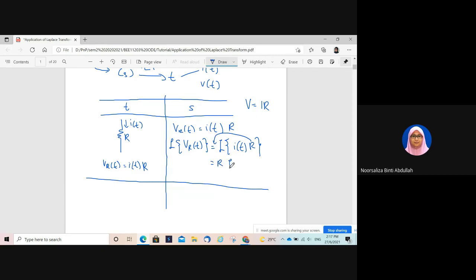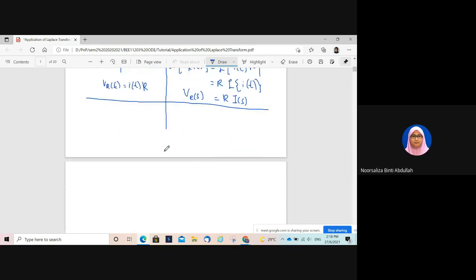So R times i(t). So you Laplace v_R(t), you will get V_R(s) equals R times I(s). Okay. Faham?